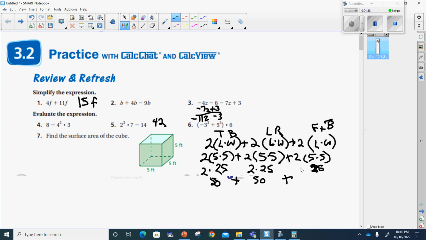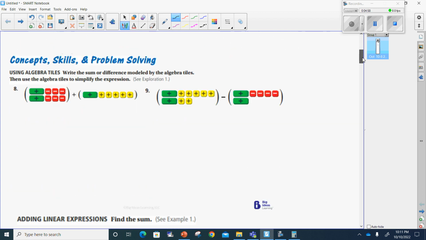Plus 50. And 50 plus 50 plus 50, that's 150. So the surface area is 150 feet squared. All right, let's go to number 9.